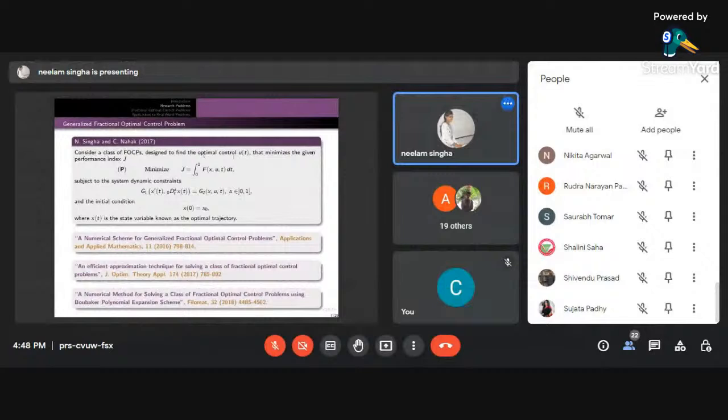So u is the control variable and x is the state variable. At different states, you want to check what will be the control. This is the optimal trajectory. Here x(t), if you simply see this function, x(t) is the state variable, the different states. You can simply relate it to different states, which will optimize the control which we want to find.